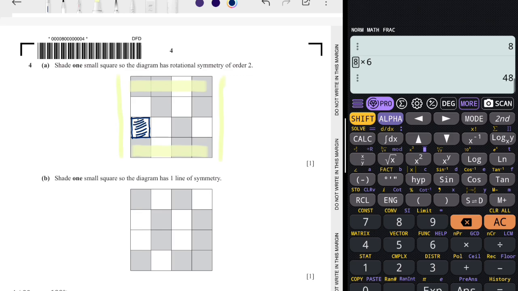Now B part, shade one small square so that the diagram has one line of symmetry. We have to do folding test for this one.